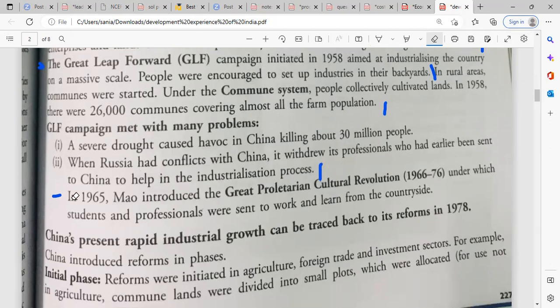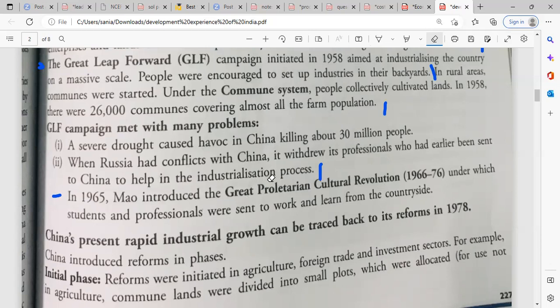And when you write the hashtag, there was one more campaign, the Great Proletarian Cultural Revolution. Over here, China sent their students to different countries, telling them to educate themselves, learn new skills from that country, and then come back to China and teach the people there.